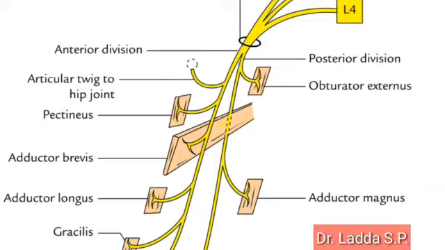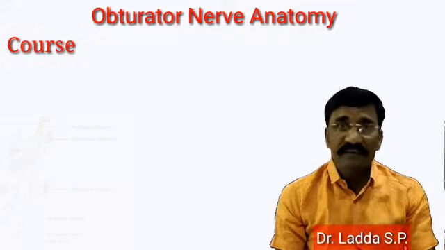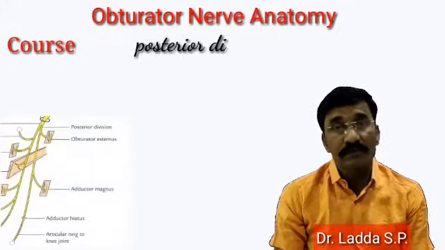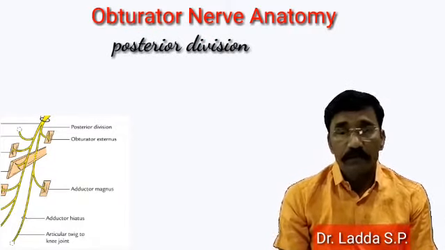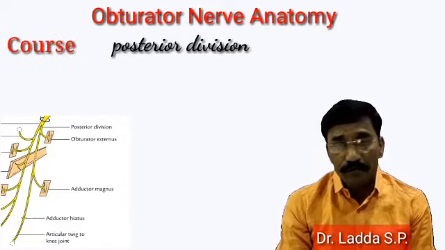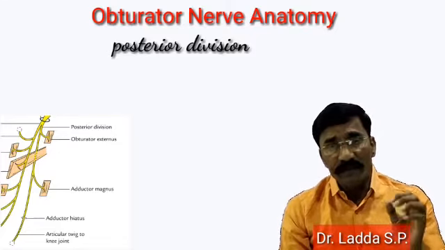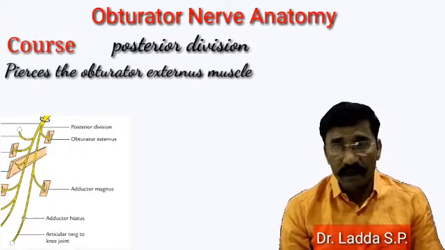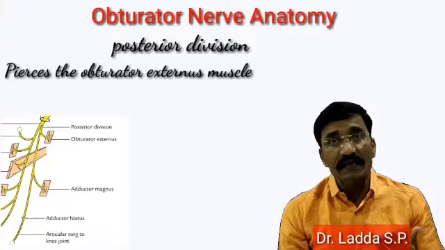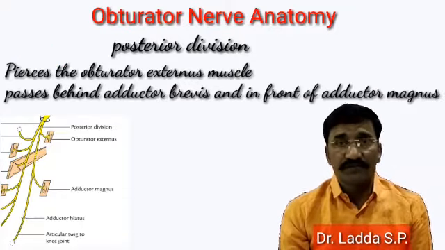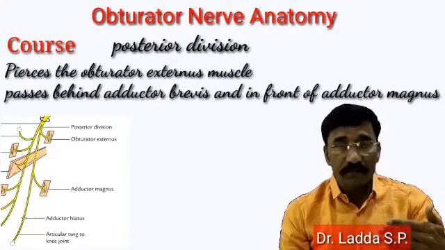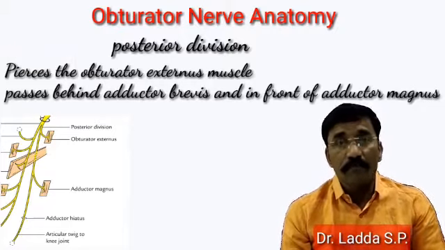Now about the next division, that is the posterior division of obturator nerve. The posterior division pierces the obturator externus muscle and passes behind the adductor brevis and in front of adductor magnus.